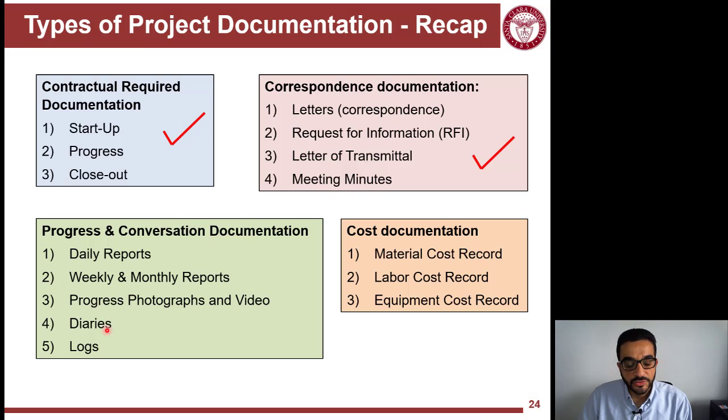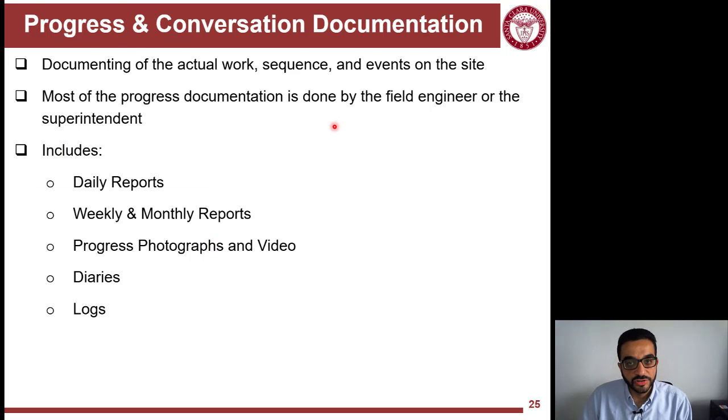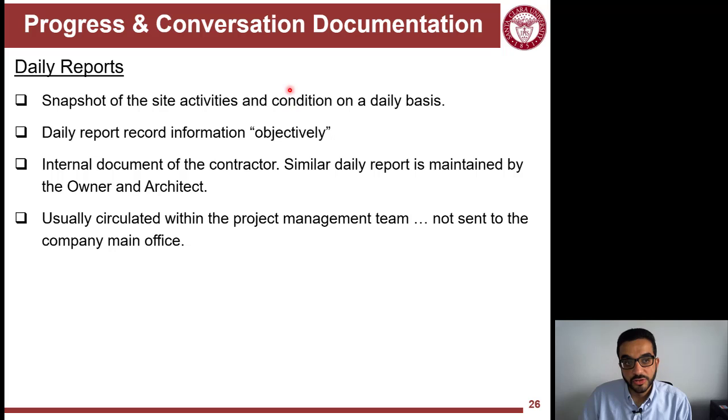Next is progress and conversation documentation. It's a lot of documentation, and not all companies do everything here. The first thing is daily reports, which are an internal document. Internal means it's not shared with the owner or the architect, or even with the people in the main office of the contractor. It stays within the project manager, superintendent, project engineer, or field engineer.